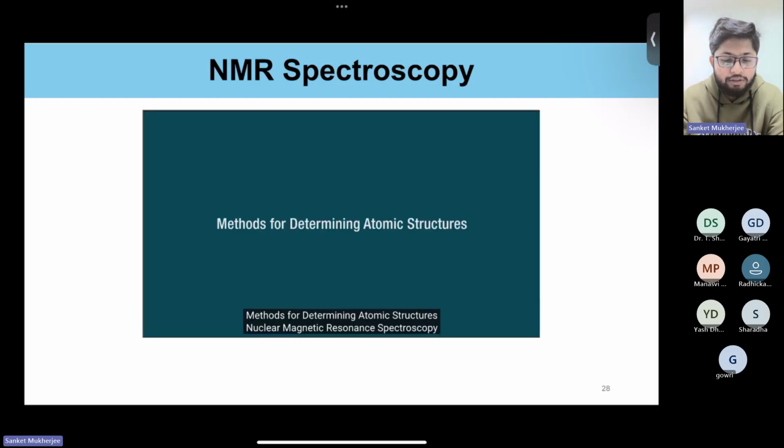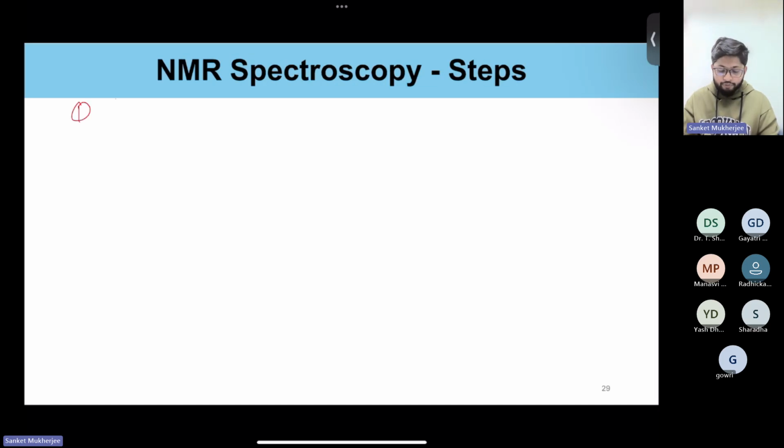Yeah, that's all. Methods for determining. So for the steps, again, here also you will go for protein purification, as we already told you how it is done, overexpression and purification. Then you would go for NMR data collection.